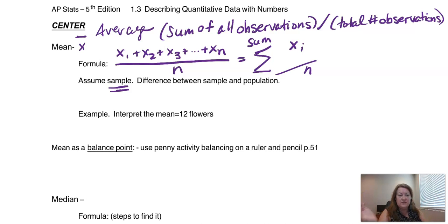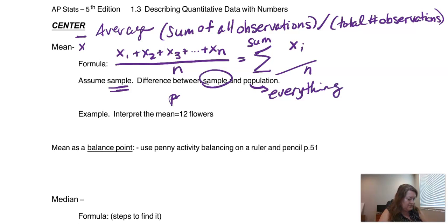So we always assume this is some random sample of something else. Population is everything or everyone, and a sample is part of a population. So you'll see them talk about samples. This is the result from our sample.